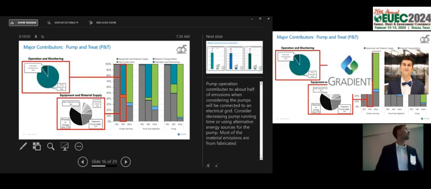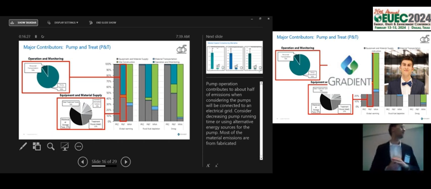The next outcome of running this was to understand the pump and treat major drivers, and really half of the global warming impacts were from the pump operation. Remember, we used energy from a grid, so we were able to understand that most of the impacts are coming from that pump operation.